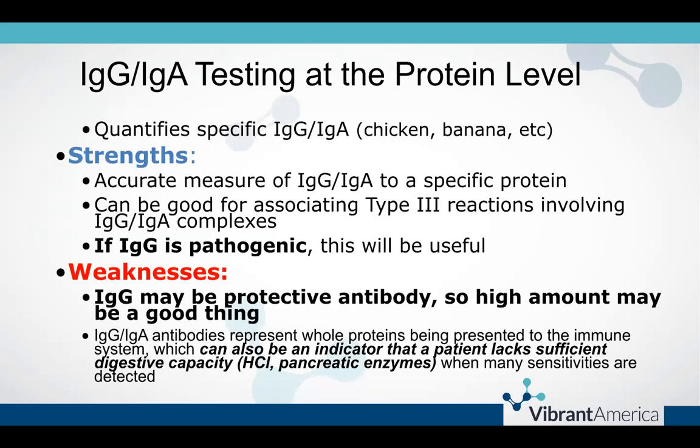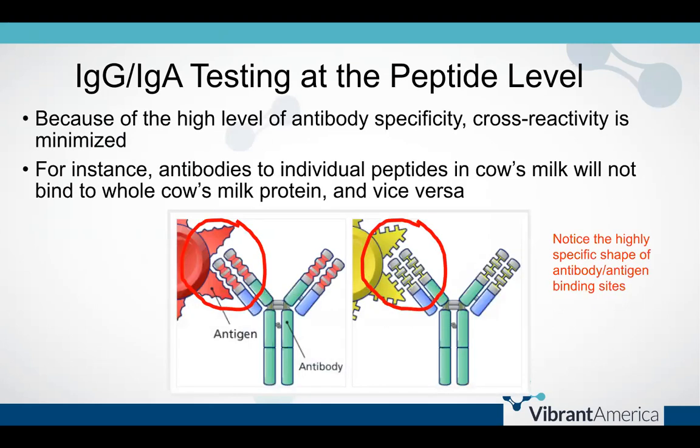Again, IgG can be a protective antibody, and a high amount of it may be a good thing or simply may be neutral. It may not be actually inflammatory. IgG and IgA antibodies represent whole proteins being presented to the immune system, which can also be an indicator that a patient lacks sufficient digestive capacity when many sensitivities are detected. And we'll get into that in a little bit more detail.